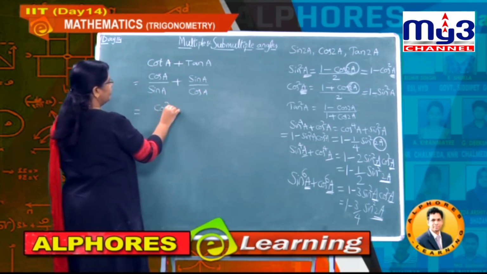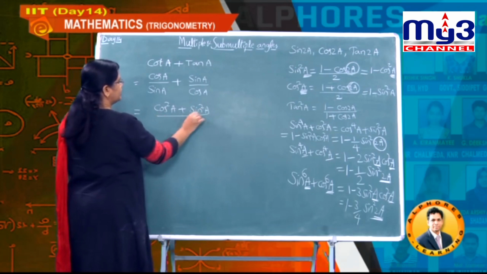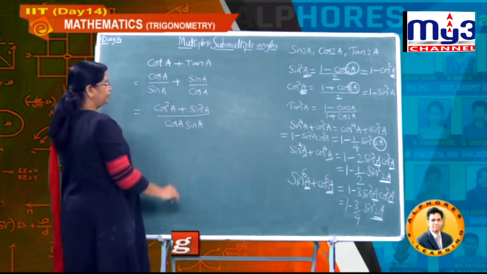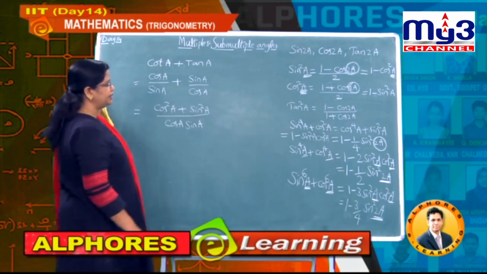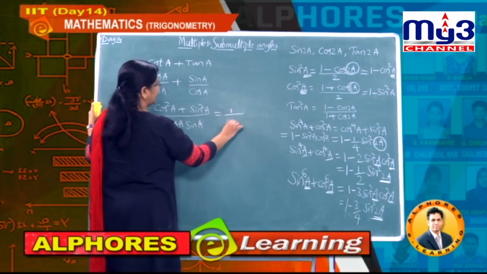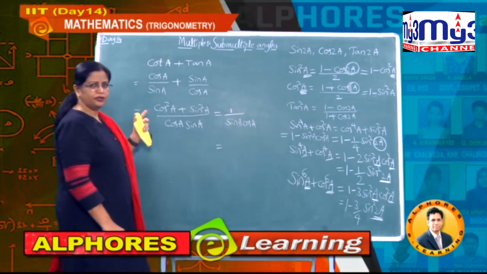Cos square A plus sin square A, divided by cos A into sin A. Now cos square A plus sin square A is nothing but 1. So 1 divided by sin A cos A, and now let us multiply and divide by 2.